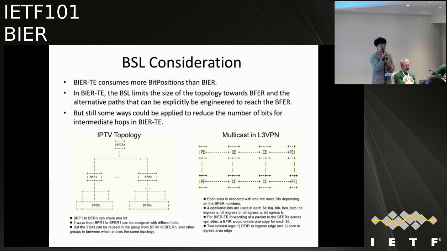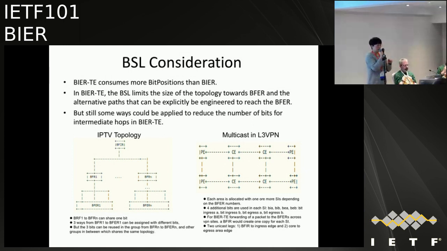There was some discussion in the last IETF meeting about the BSL length, which may limit BIER-TE usage. That's because the BSL indicates the size of the topology towards the BFERs, and the path can be explicitly engineered to reach them.